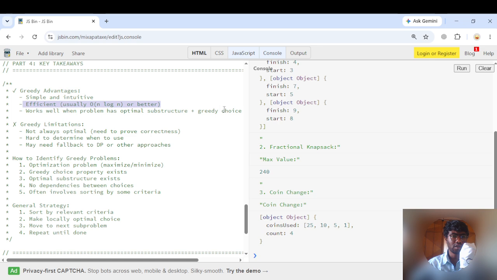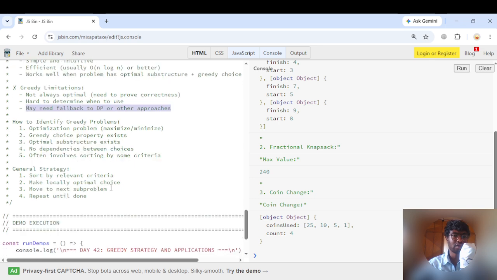The limitation is that it's not always optimal, because the rest of the nodes in the path we choose at a point are not known. We may need to fall back, which dynamic programming or backtracking does better. I've also pasted other examples that we can look at in greedy problems.